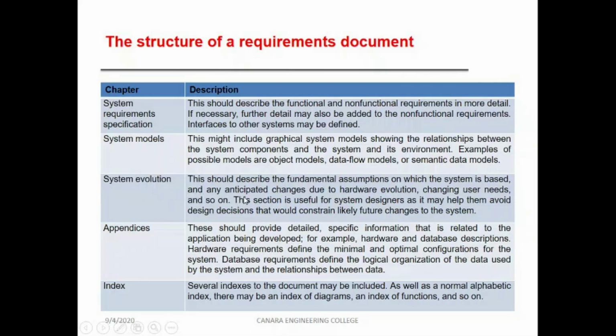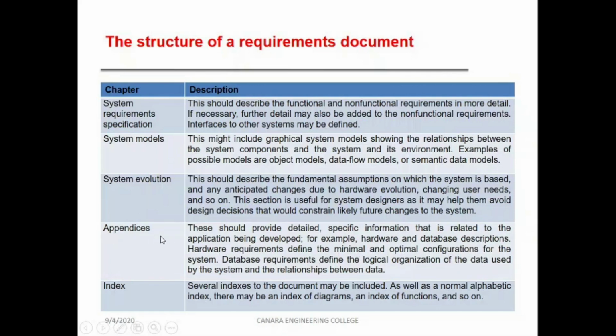What changes are required after the system model in future is described briefly in the system evolution, that is, likely future changes to the system. Appendix: they should provide detailed and specific information related to the application, for example hardware, what type of hardware, database description, minimal configuration of the hardware, and what type of database is used.